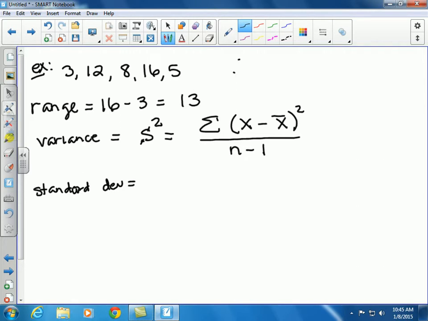The variance is s squared, and the standard deviation is s. Therefore, the standard deviation is just the square root of the variance.